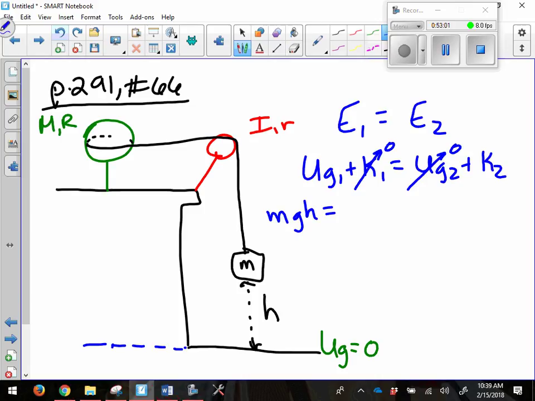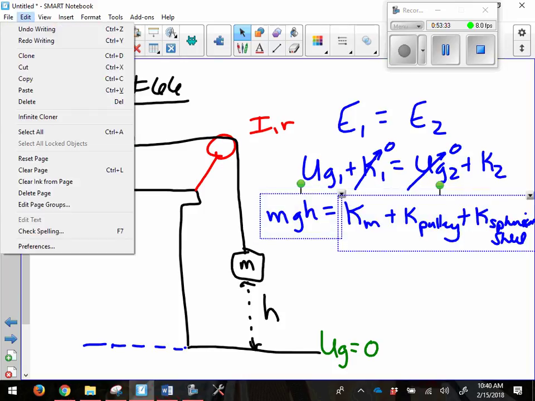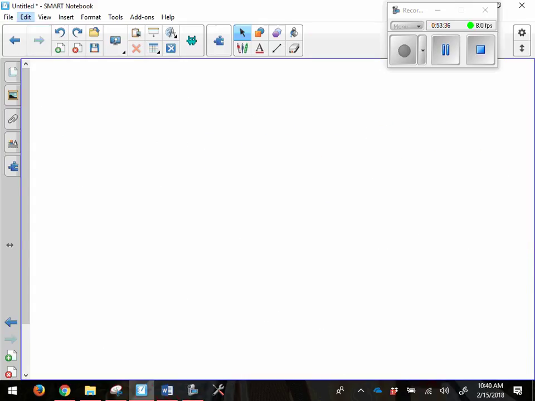And then I've got a whole bunch of things that have kinetic energy. The mass has kinetic energy, the pulley has kinetic energy, and the spherical shell has kinetic energy. Okay, and I'm just going to copy this to the next page.